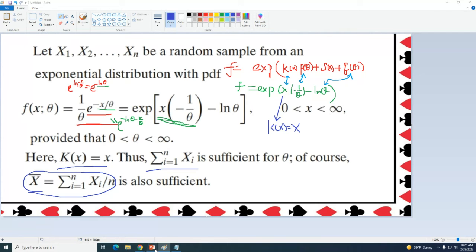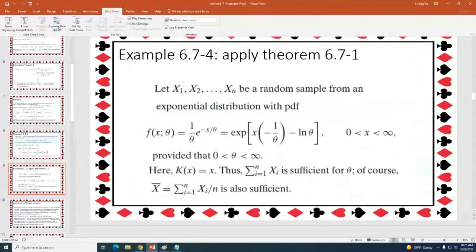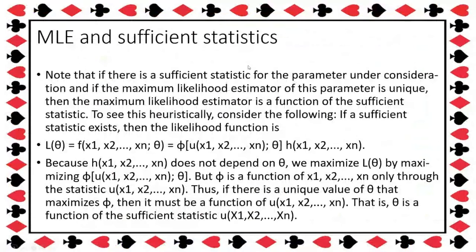So that's one example. And you can see analyzing the density function seems to be the key step in finding sufficient statistics using the theorem. All right, so this is a discussion on the relation between the maximum likelihood estimator and sufficient statistics. You can see that the sufficient statistic is not unique.